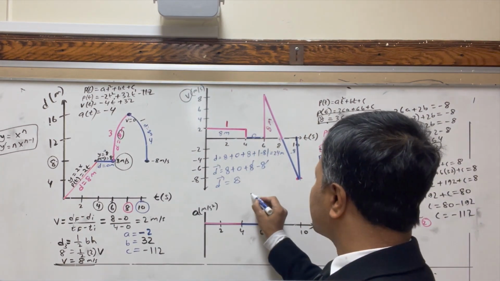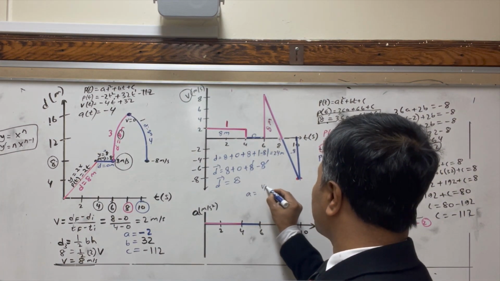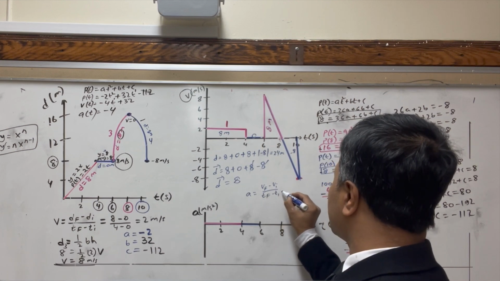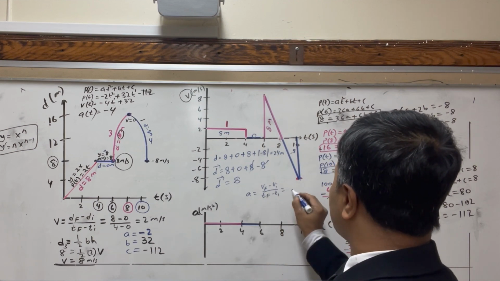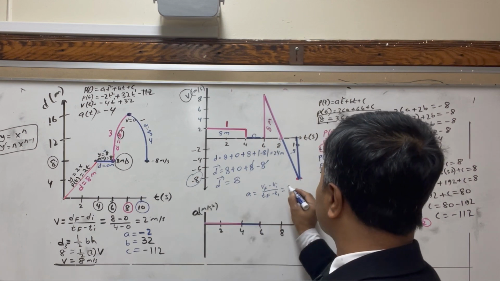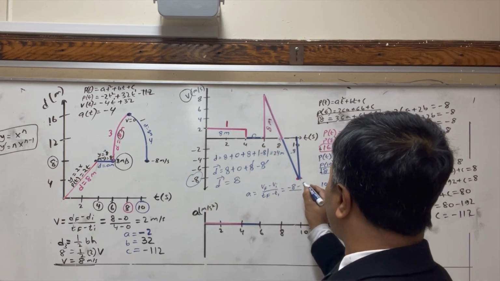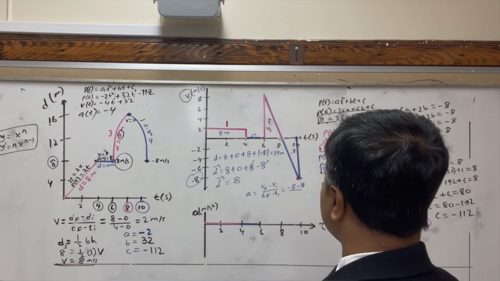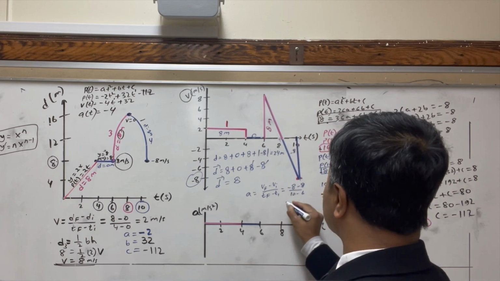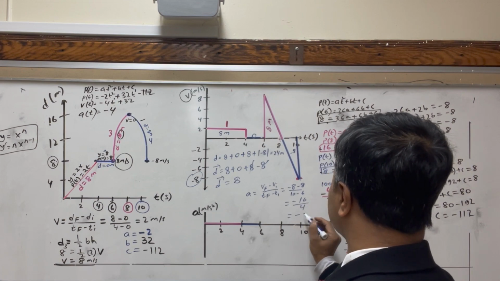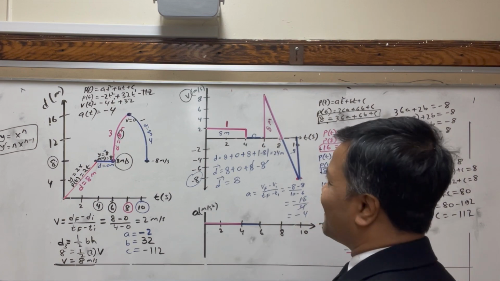So acceleration is velocity final minus velocity initial over t final minus t initial. Velocity final is negative 8. Velocity initial is 8. t final is 10 minus 6. So minus 16 over 4. So this is minus 4.